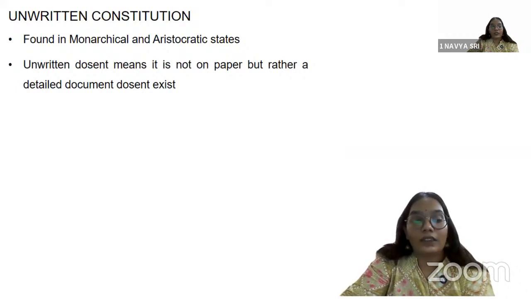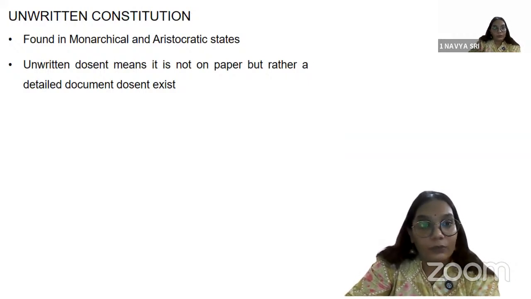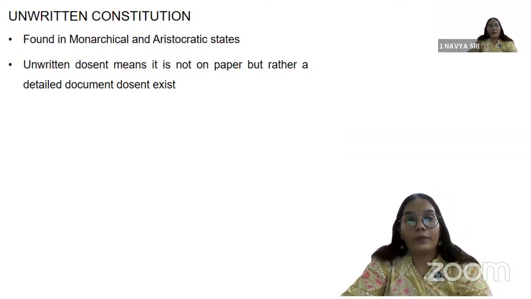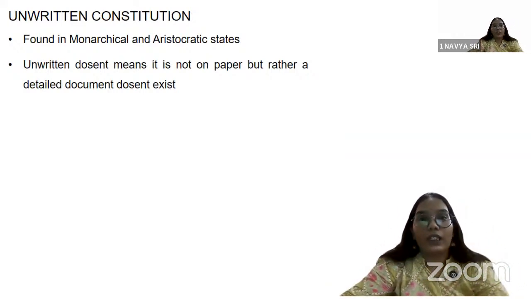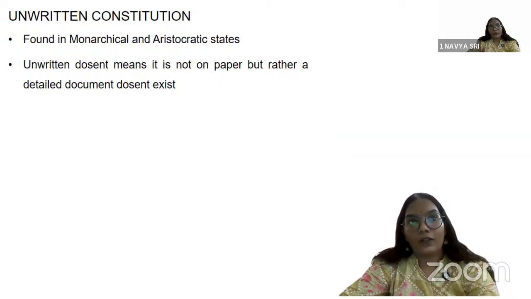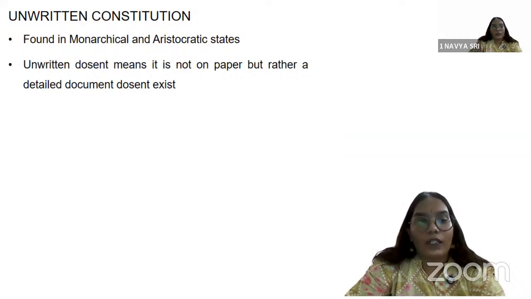Now, an example of such a thing is found in aristocratic and monarchical states. The classic example is the British monarchy. They don't have a written document, and it is monarchical because the monarch is the head of the state. So the bills and everything are made in their name. Although they seem to be like a rubber stamp, they are eventually the head of the state. And unwritten doesn't mean, as I told in the previous slides, that it's not on paper, but rather that a detailed document doesn't exist.